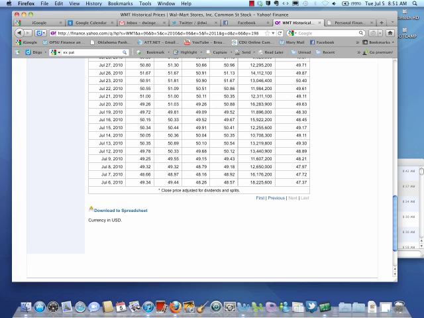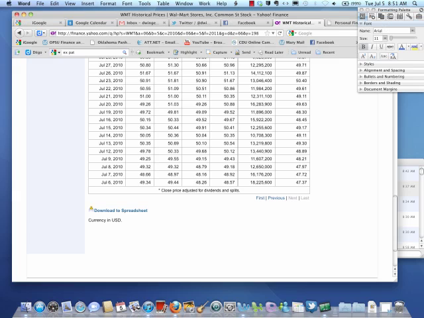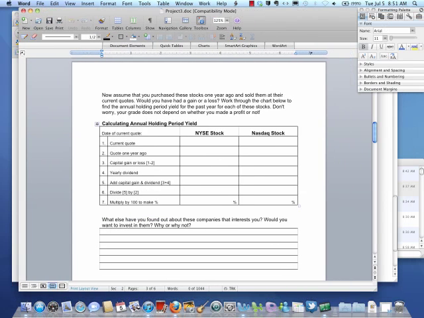4.57. Okay. So then to find your capital gain, after you have your two prices, put your current quote, your quote a year ago. To find your capital gain or loss, you just subtract. It could be a loss, might not always be a gain. Then find your yearly dividend, which you've already found. Now take lines 3 and 4 and add those together.